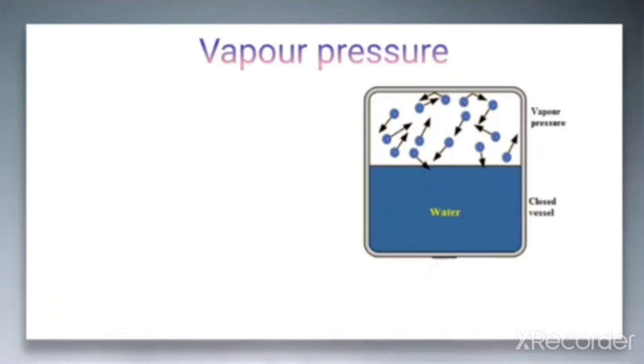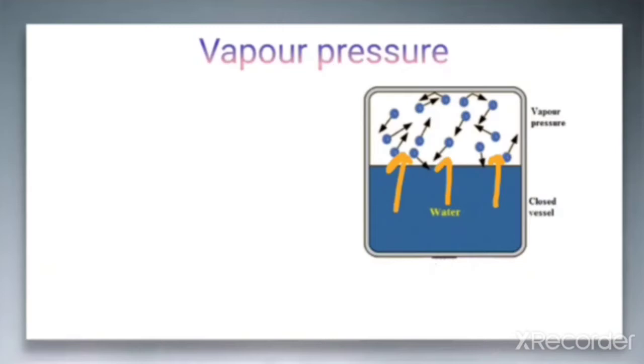In the initial stages, there is only a decrease in the liquid level because the process taking place is evaporation, in which liquid molecules are converted into the vapor state. So the evaporation process alone takes place in the beginning, that is in the initial stages.